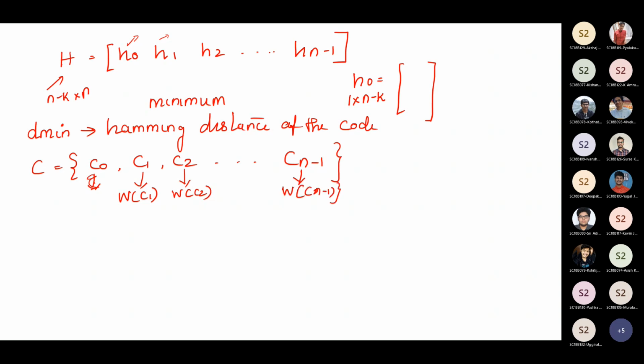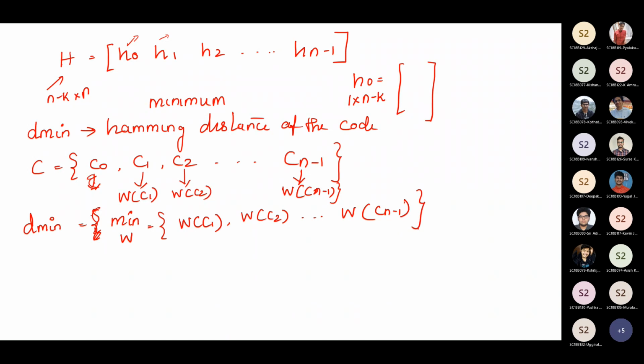Among these Hamming weights, the minimum Hamming weight of this code is what we assume as d minimum. So I can write it as the minimum of W, where W contains the set of weight values of all the code vectors.